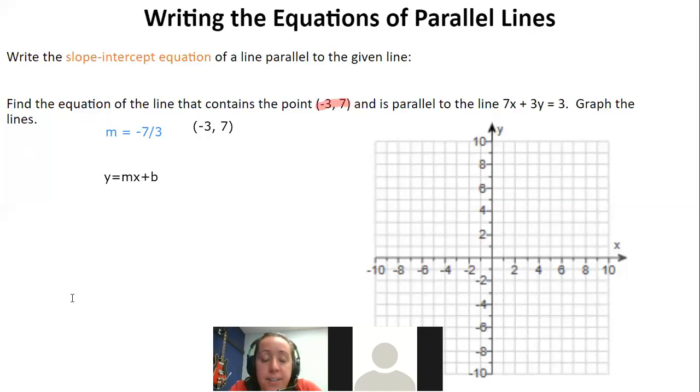What do you guys think? We know m, right? What's m? -7/3. Good. What else do we know? Piper says we know y and x, and she's right. What's my y and my x?